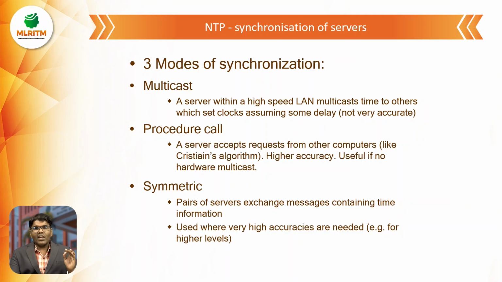The third one is symmetric. The pair of servers exchange messages containing time information, server to client and client to server. It is used where very high accuracies are needed, for example at higher levels.